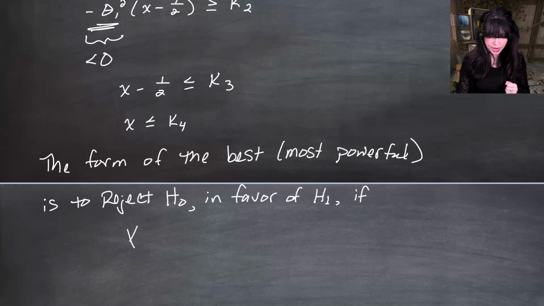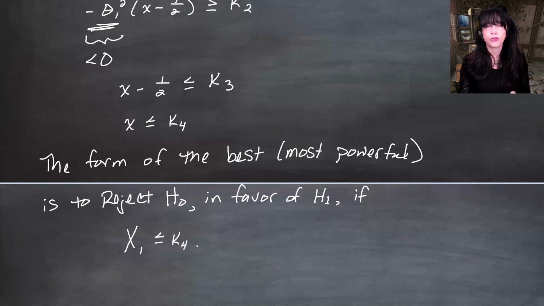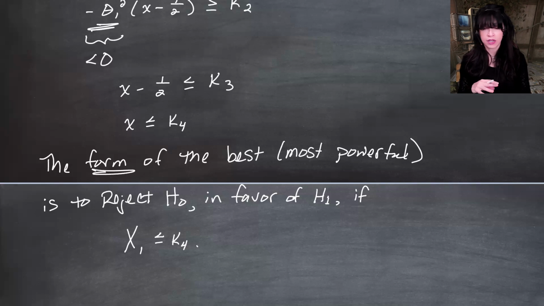If our x1, our random variable, our random sample, is less than or equal to some k4 to be determined. So that is the form of the test. And to finish this out and actually find the test, we need to find k4. Once again, I want to remind you on the upcoming exam, watch out for form of the test. It might be all you have to do. You might be able to stop at this point.